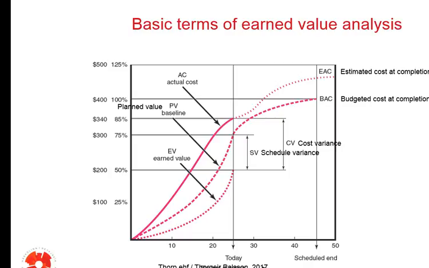I know this might sound a bit complicated, but what I want you to really focus on is the nature of the schedule variance and the cost variance. The planned value, which you all know by now, is taken from the time-phased budget and schedule, which we did in previous stages.